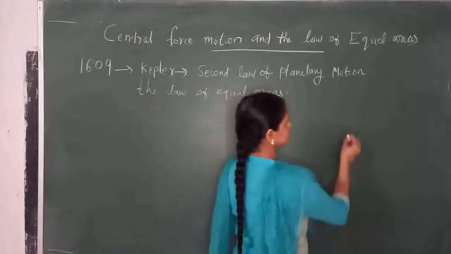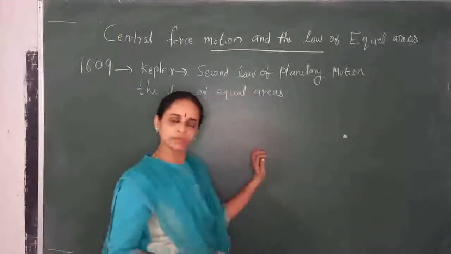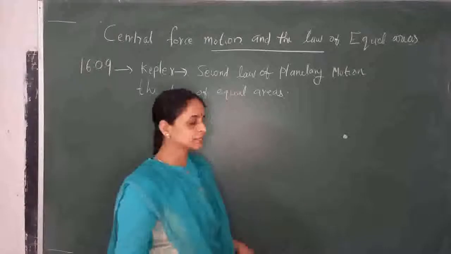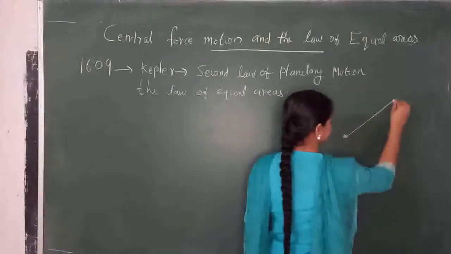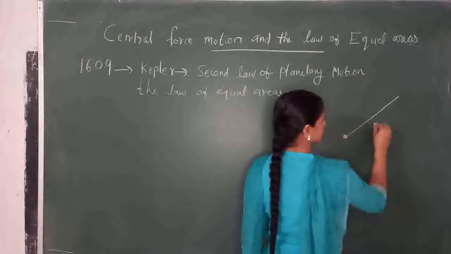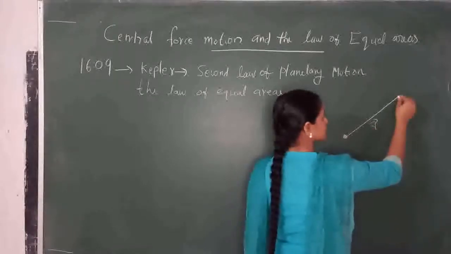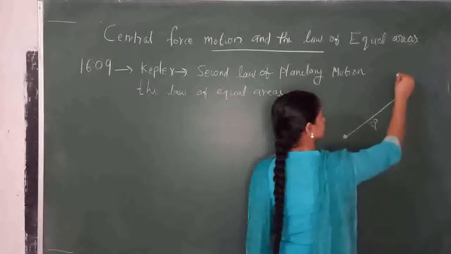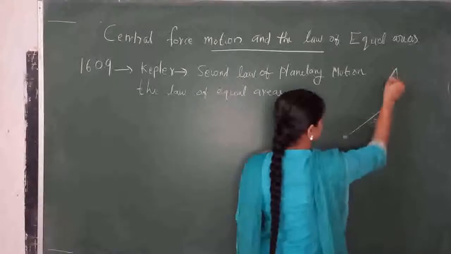For that, consider this is a point, this is the origin, maybe the sun. So we can draw a line here, this is the radius vector r. The planet or the object is moving to some other position, so we can draw the radius vector from here to here.